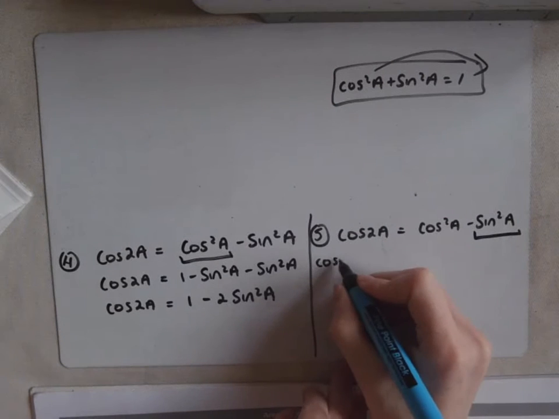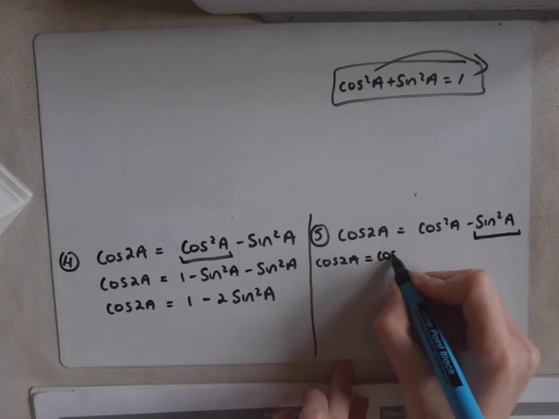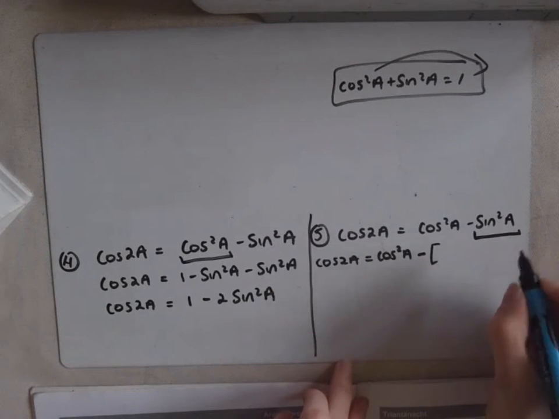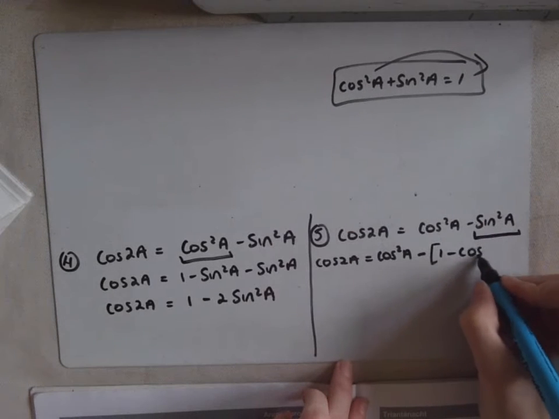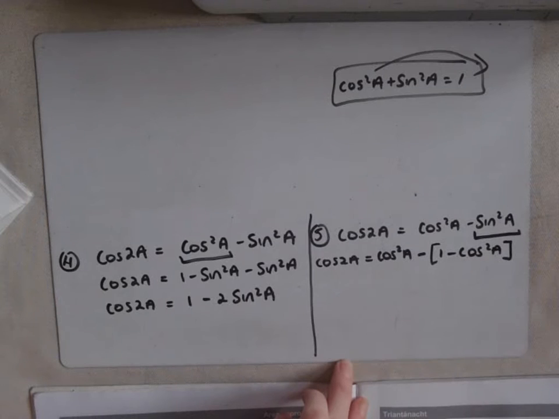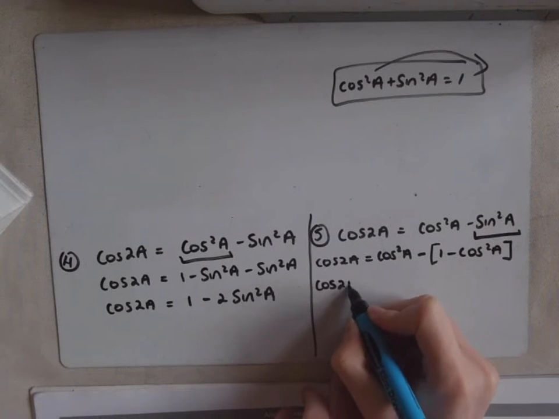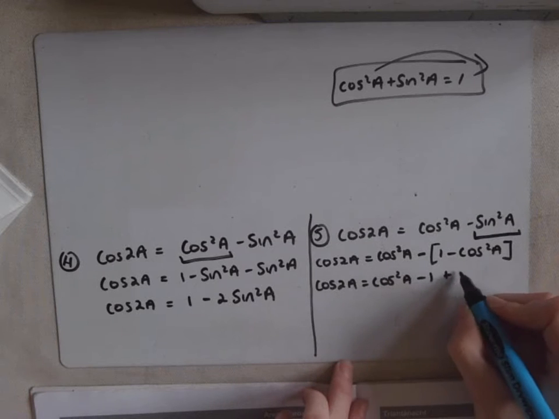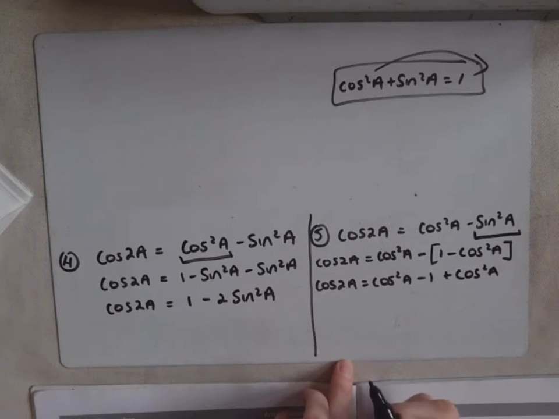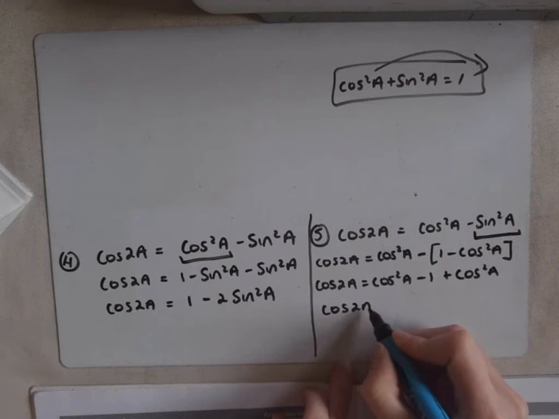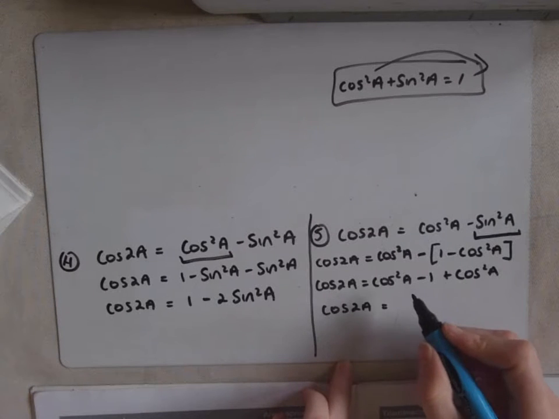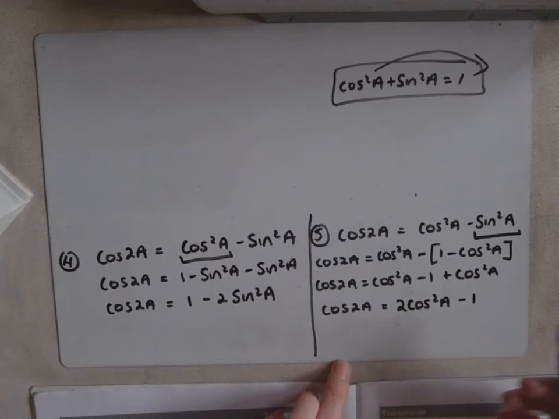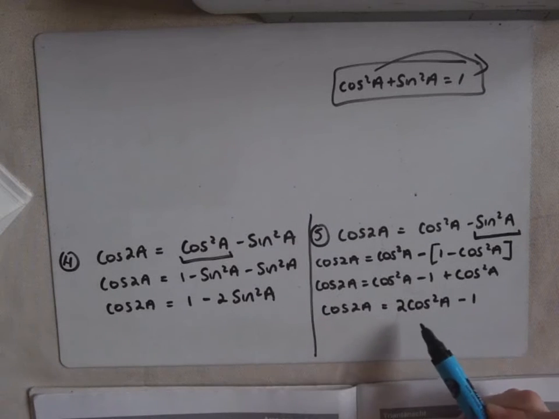So cos of 2A is cos squared A, and now instead of minus sine squared A, you get minus 1 minus cos squared A. So cos of 2A is cos squared A minus 1, minus by minus is plus cos squared A. You have a cos squared A and a cos squared A, so cos of 2A is 2 cos squared A minus 1.